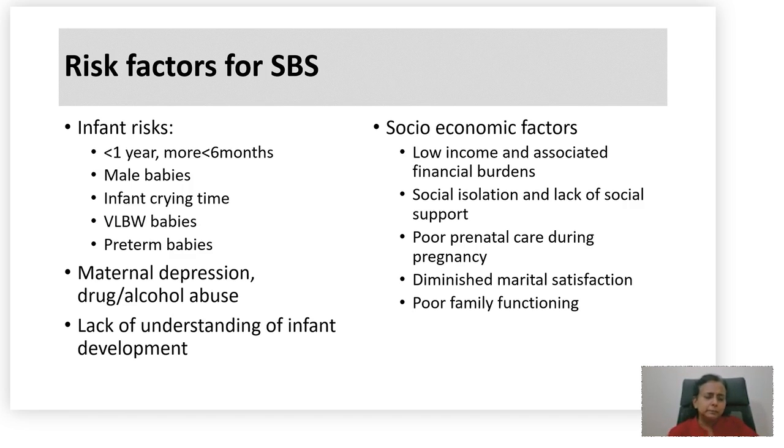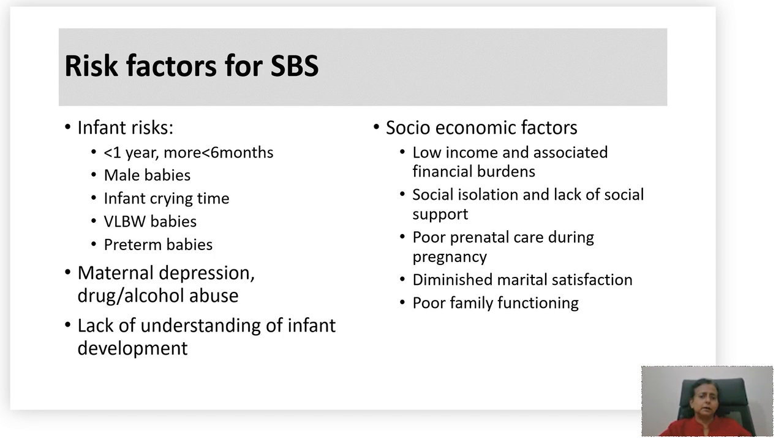Under 1 year, between 6 months and 1 year, male babies, they are crying or they have quite a lot of infantile colic, and that's the time you get irritated as well. Preterm babies, very low birth weight babies, maternal depression, lack of understanding of infant development.